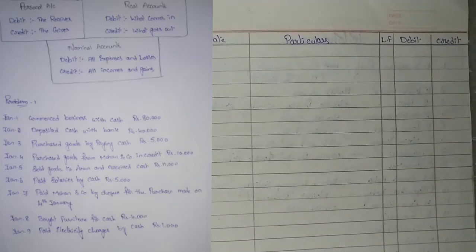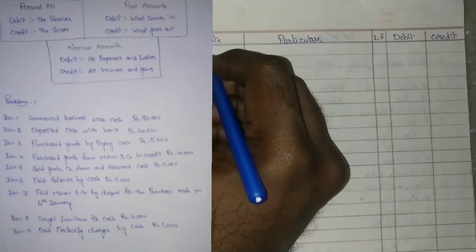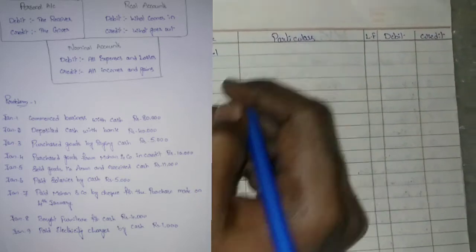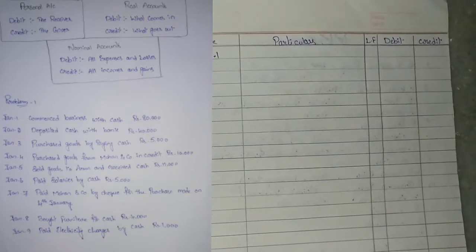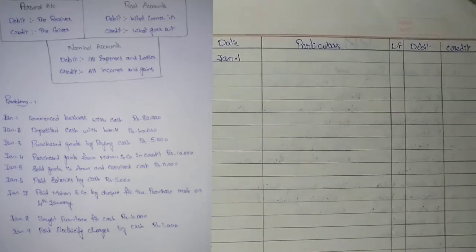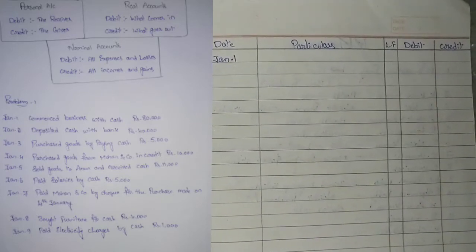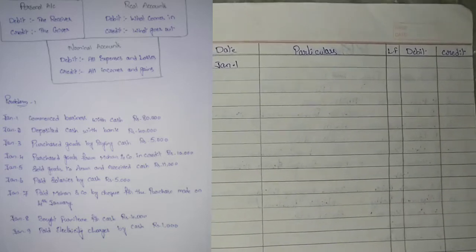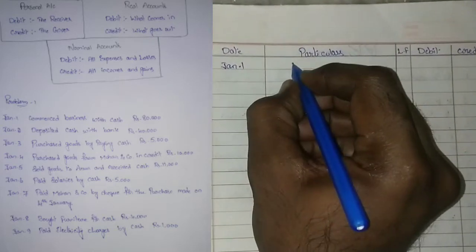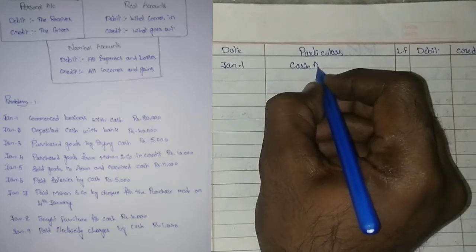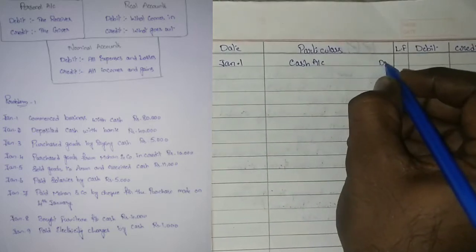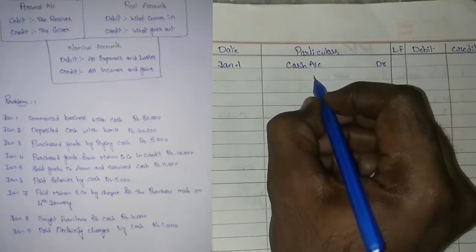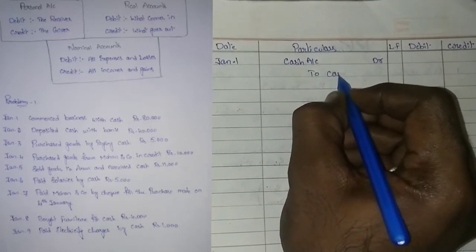So here the first transaction is on January 1. So the transaction is commenced business with cash. So whenever you are starting business with a cash, that will be considered as the capital. So the journal entry will be cash account, it should be debited, that is debitor, cash account debitor to capital account.